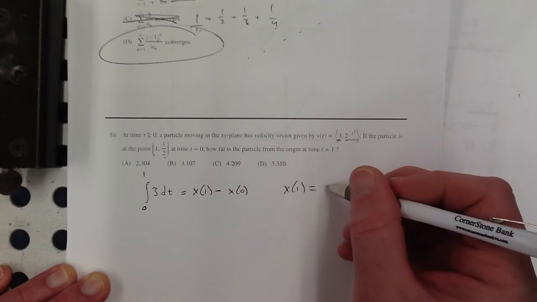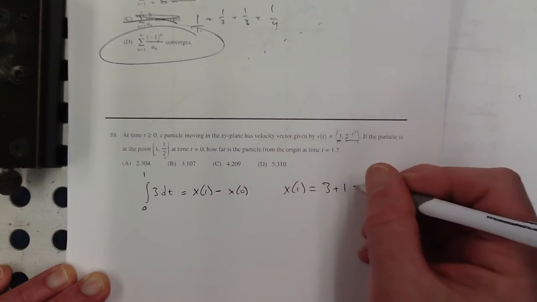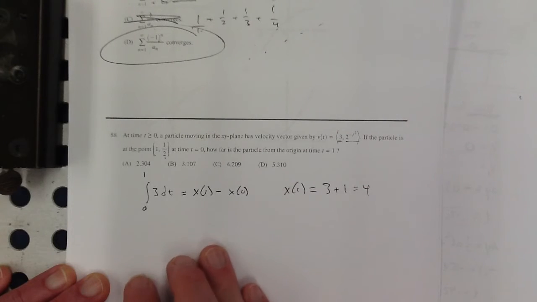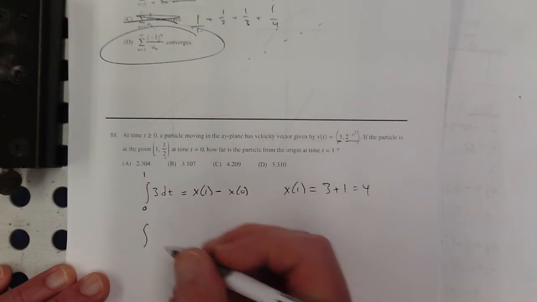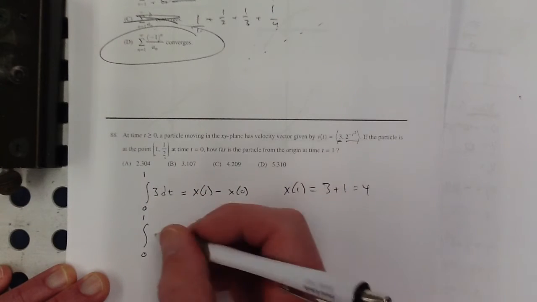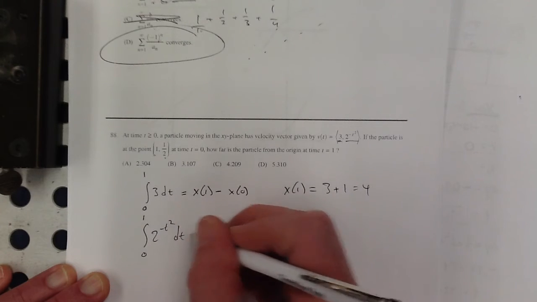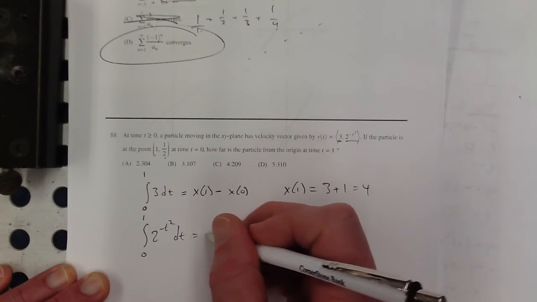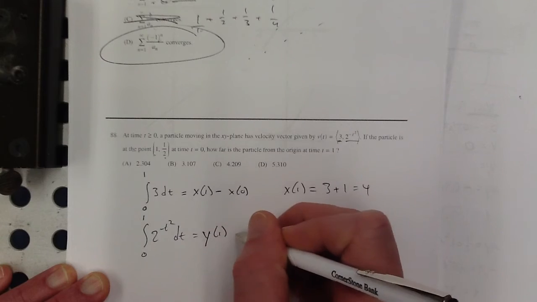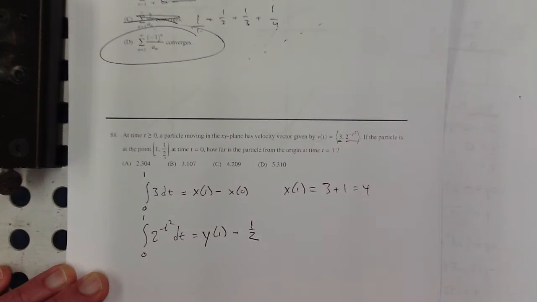So that's 3 plus 1. And then for the y coordinate, I'm going to go from 0 to 1, 2 minus t squared dt. That's going to be equal to the y position at 1 minus the y position at 0, which is 1/2.